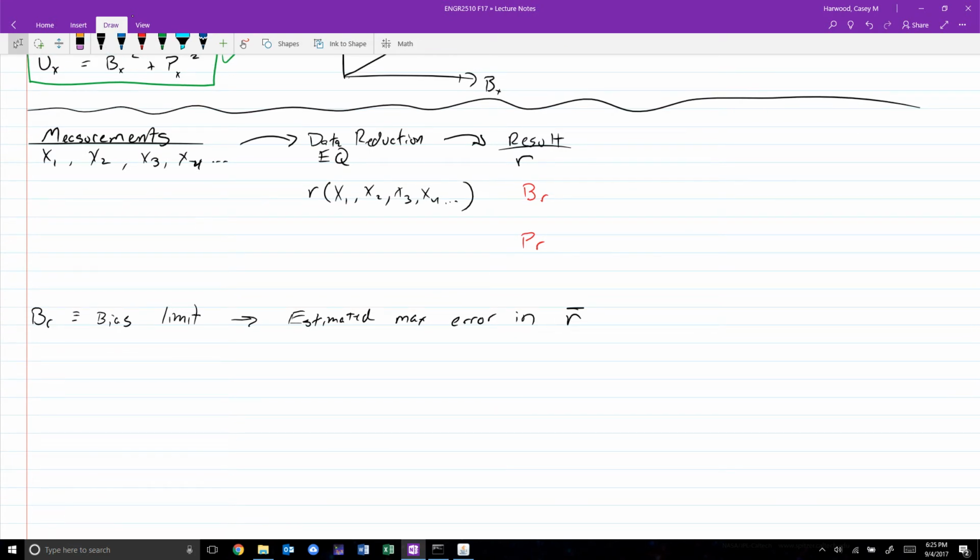How do we find this? The same problem applies here. We don't know what we don't know.